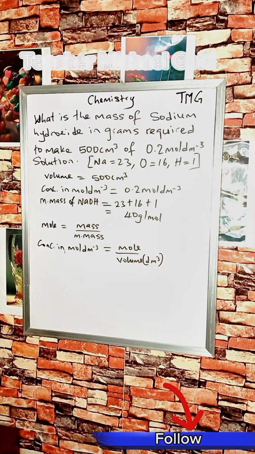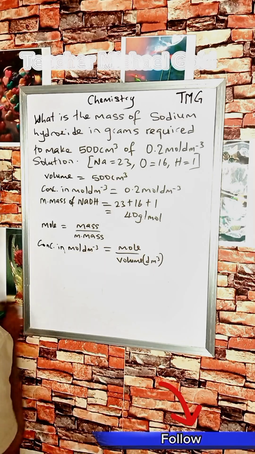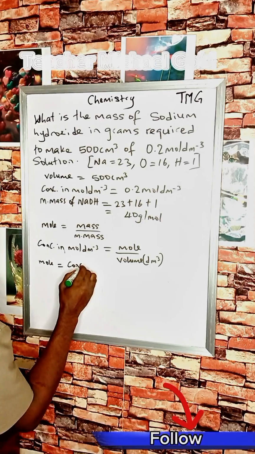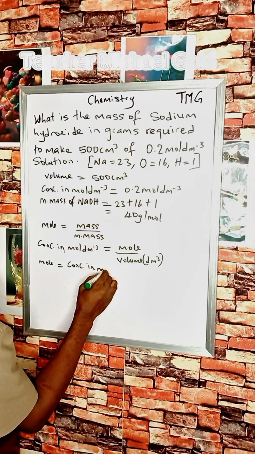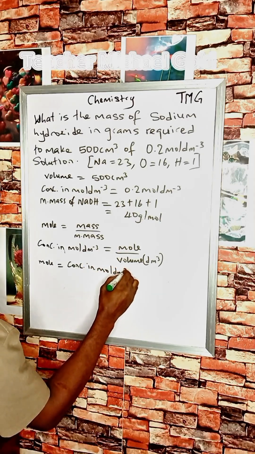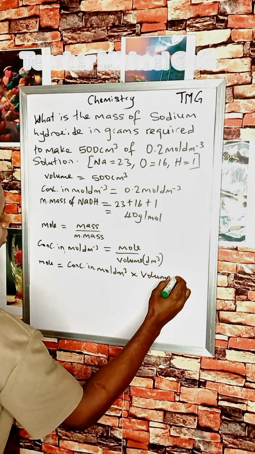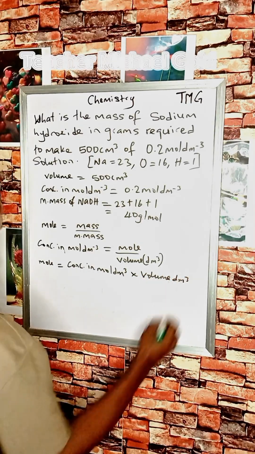Take notes. We are looking for mole, so mole will be equal to concentration in mol/dm³ times volume in dm³.